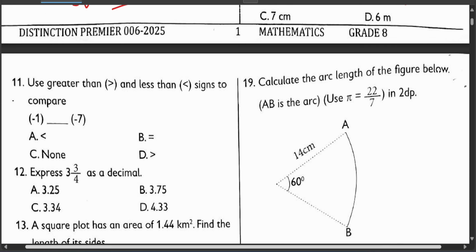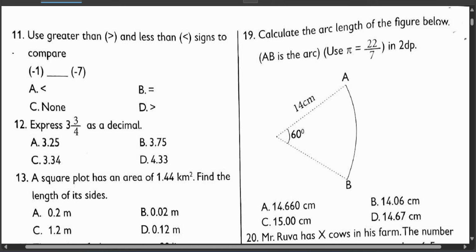Question 11. Use the greater than and less than signs to compare. So negative 1, is it greater or less than negative 7? Negative 1 is greater than negative 7, but 1 is less than 7.